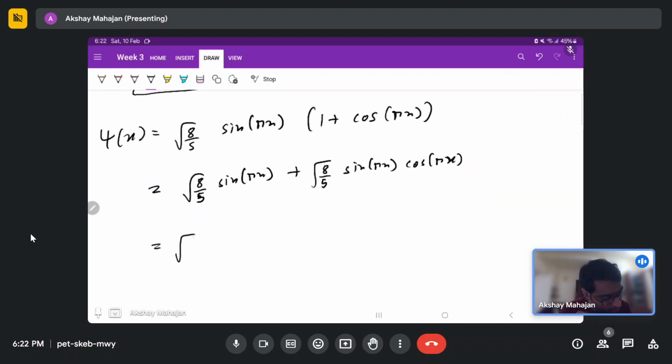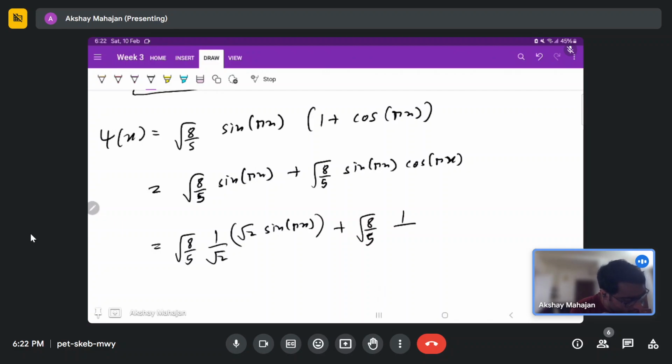So I multiply and divide the first term by root 2, and the second term by 2 root 2, giving 2 sine pi x cos pi x.